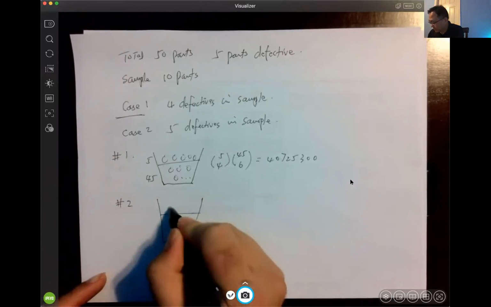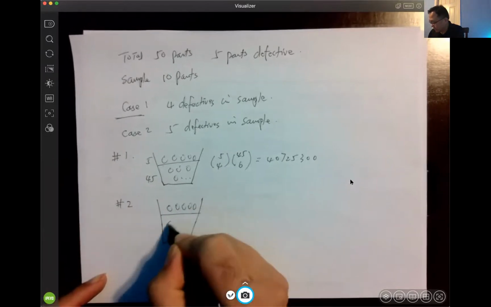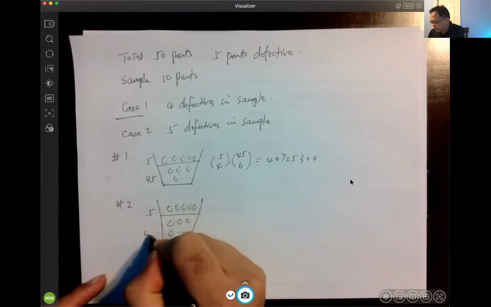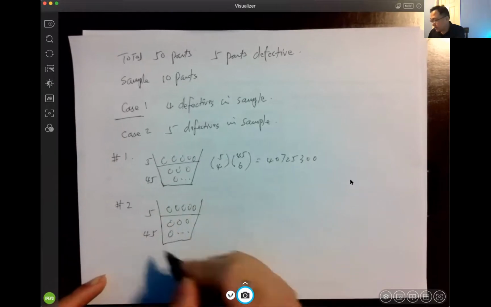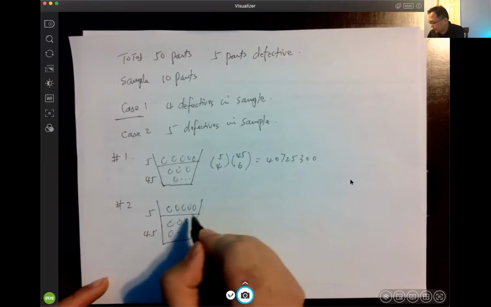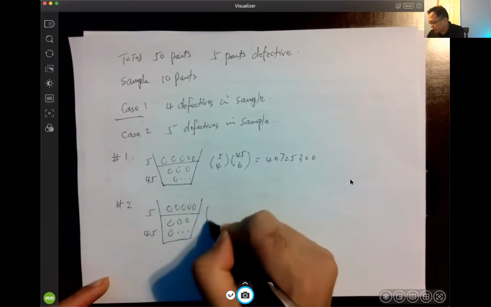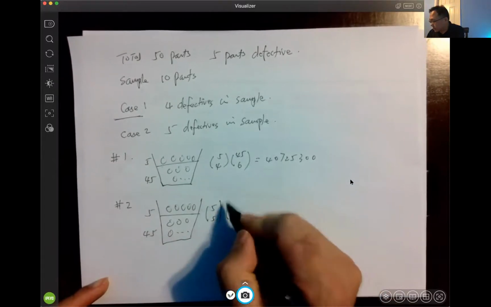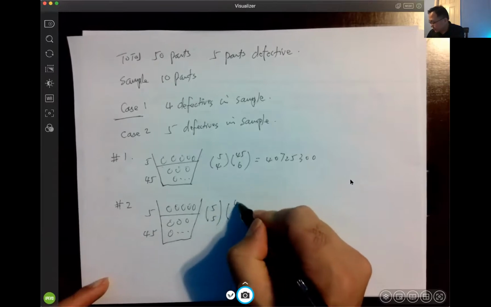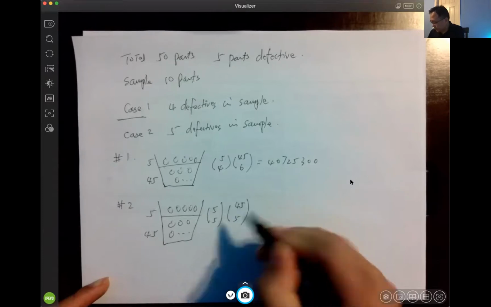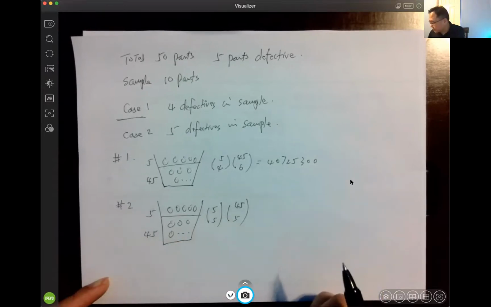All right. And case number 2, again. In this urn, 5 defective parts and 45 non-defective parts. I need to choose all those 5 defective parts. 5 choose 5, and the remaining sample will be chosen from those non-defective parts.